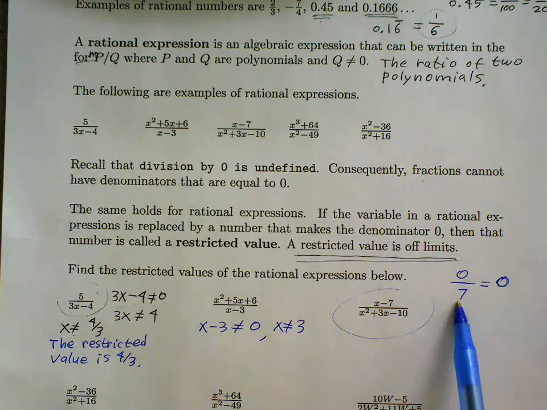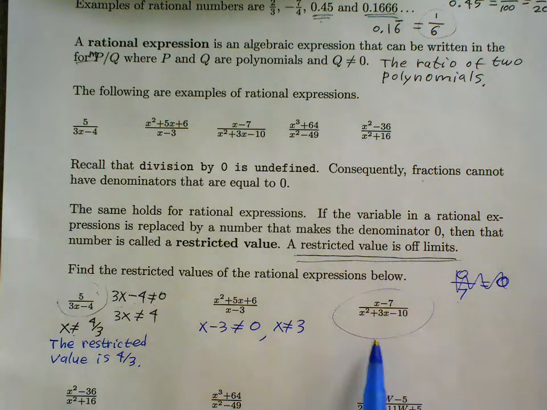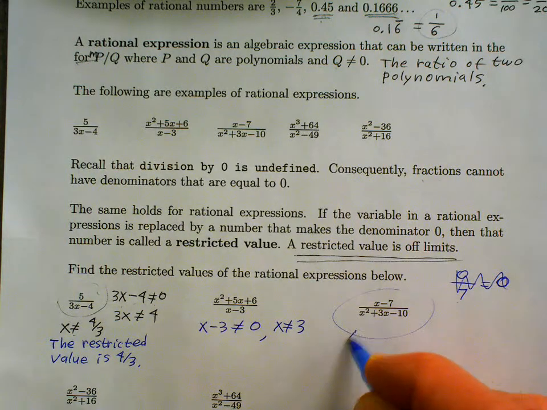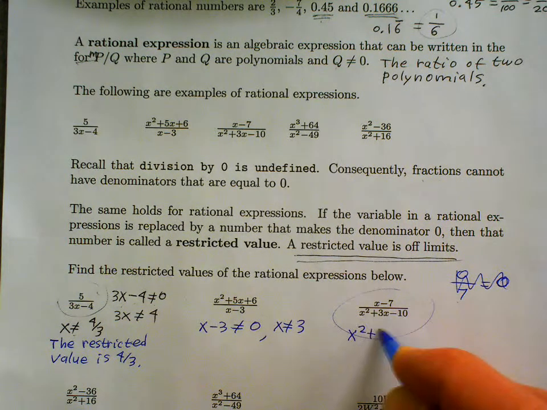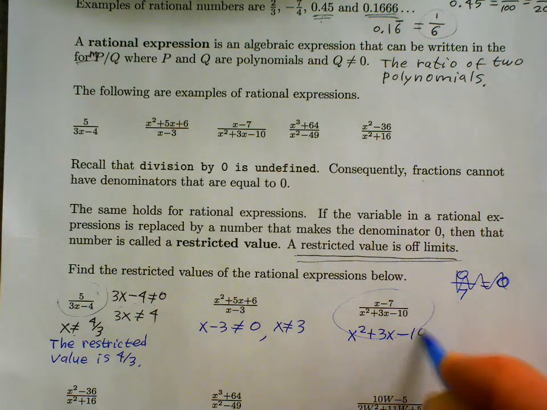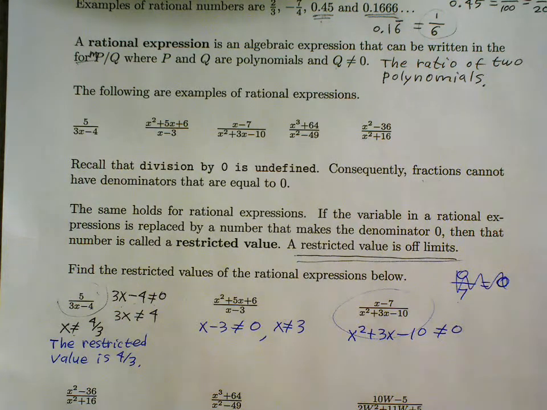The restriction is that the denominator can't be 0. So when we're finding the restricted values, we're focused on the denominator. The denominator cannot be 0. x squared plus 3x minus 10 is not permitted to be 0 because division by 0 is undefined.